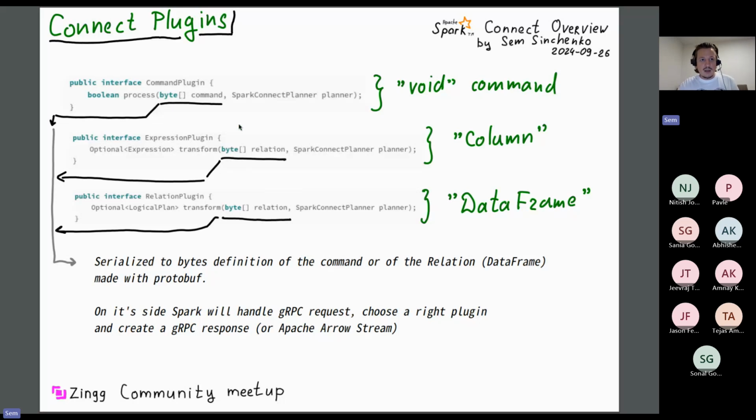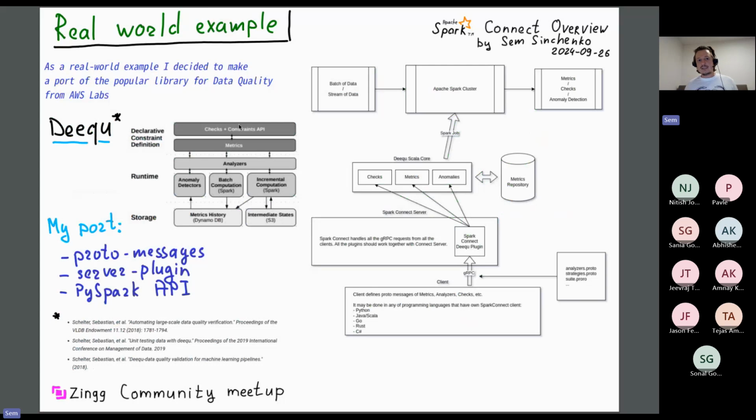That's very cool. Let's take a look at a real world example of plugins that I did recently. As I already mentioned, the DQ library. And yeah, I really like this library. I think it's very cool. What is the DQ library?